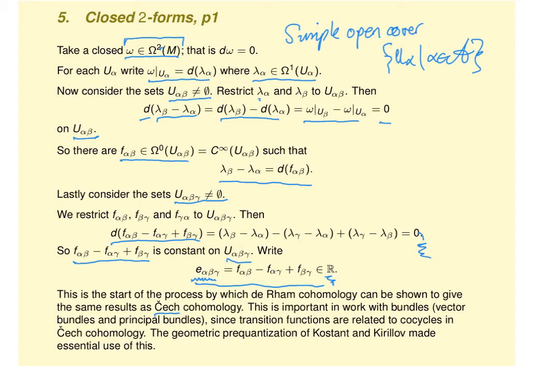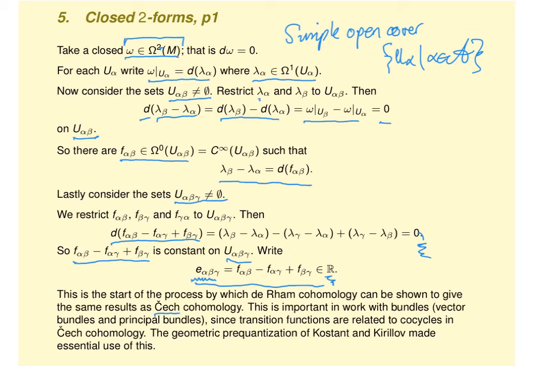So that's quite an old piece of mathematics, and of course quantization has gone a long way since the work of Kontsevich and other people, but geometric pre-quantization is still interesting, and this actual argument that I've gone through is important for bundle theory in general, because bundles and connections can be done basically in three different ways. They can be done in terms of curvature, connection forms and curvature, and those are things that live in de Rham cohomology.